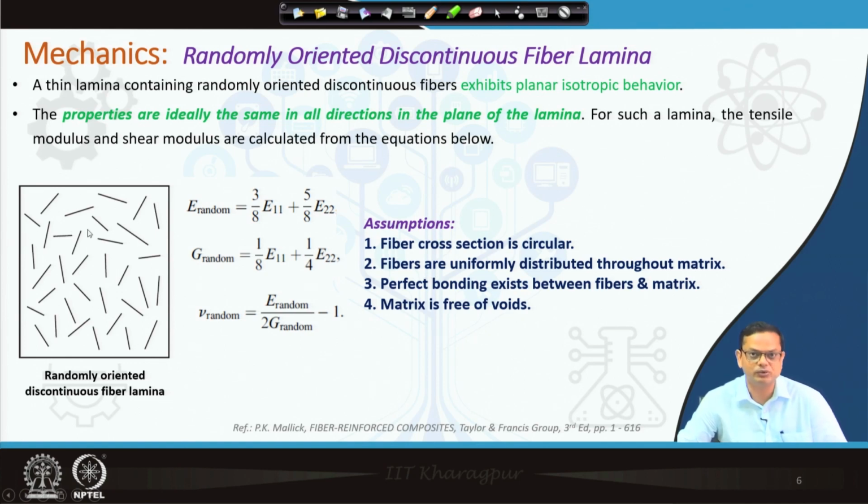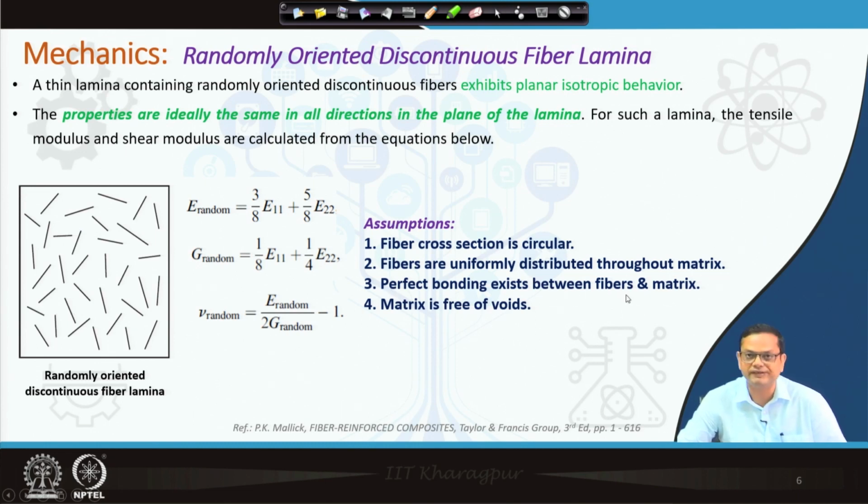That is what we are trying to say when we say uniform distribution. Uniform distribution means they may not be aligned in a particular direction, but there is no concentration of fibers in certain locations, so there will be no cluster formation.